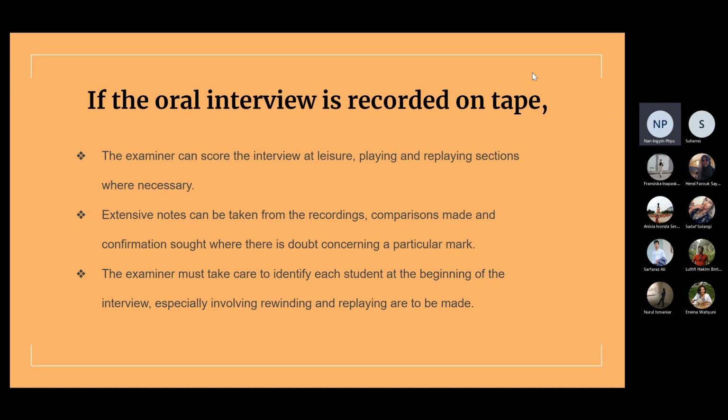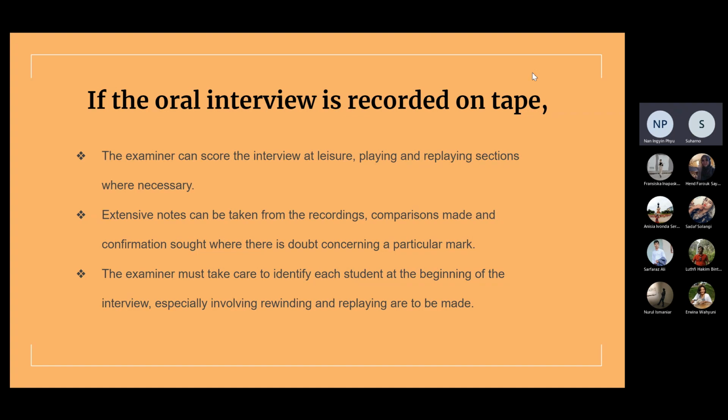At the same time, extensive notes can be taken from the recording, making comparisons and confirmations. If the teacher has a doubt concerning a particular mark, the teacher can make a comparison, and the notes can be done at ease.